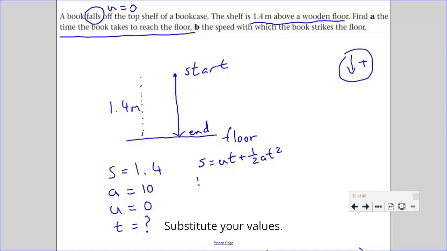Substitute your values. Now remember U is 0, so 0 times T will just be 0. Then half AT squared means half times A. Half times 10 is 5T squared. I'll write the whole thing for you just in case.